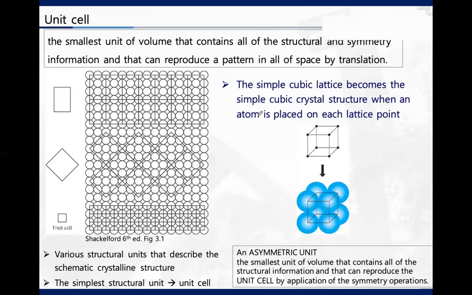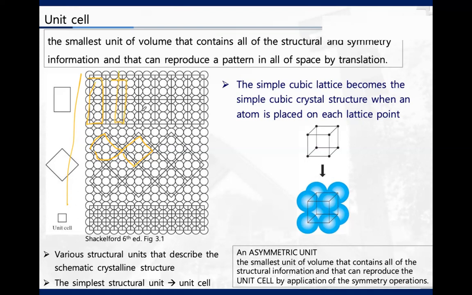So, another example: if you can't remember how to choose the unit cell, just keep in mind this type of image, right? A number of circles, like a mesh, and there you can draw many patterns, similar patterns like this.